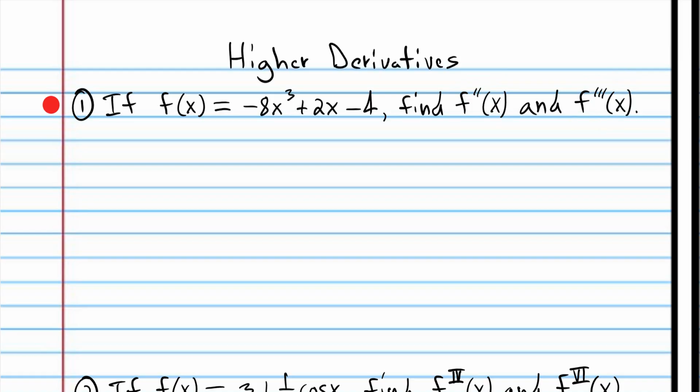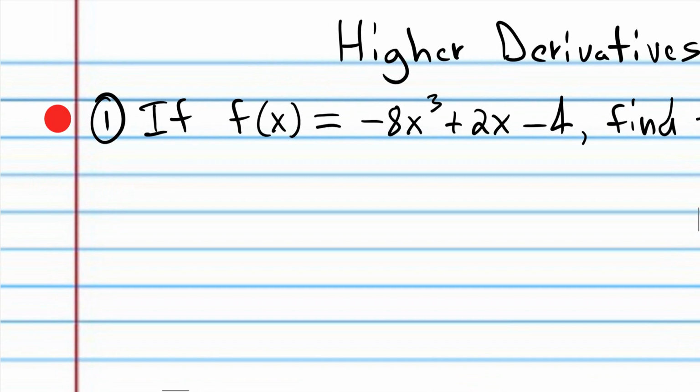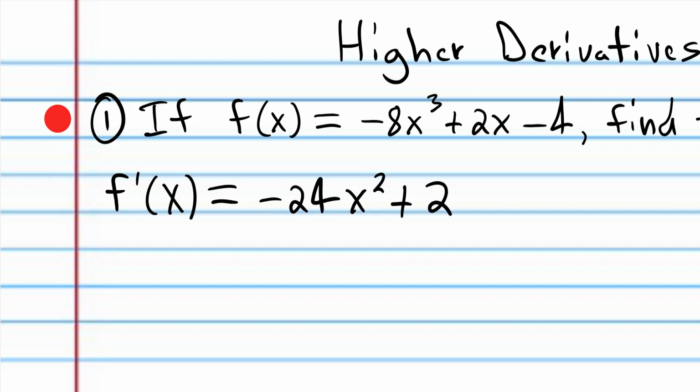Now, the first derivative, f prime, which we'll go ahead and find, for this particular function, f prime is negative 24x squared plus 2.